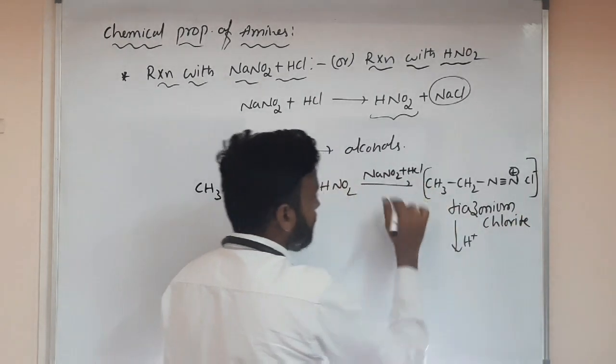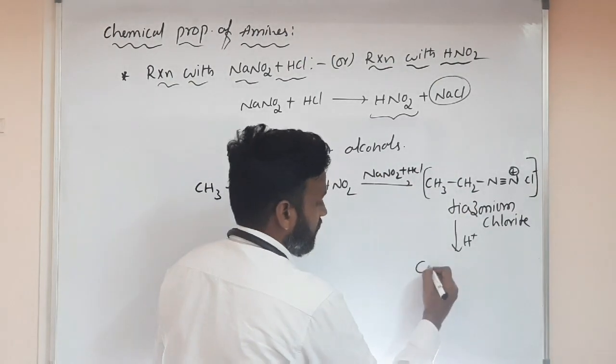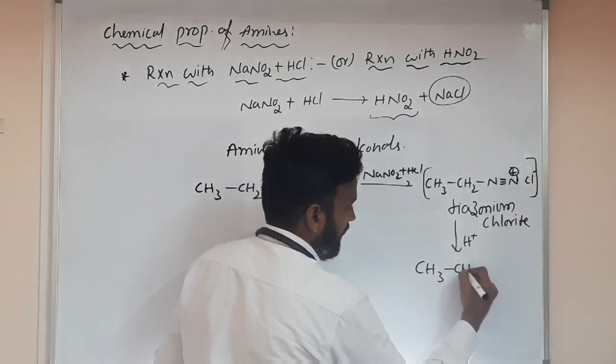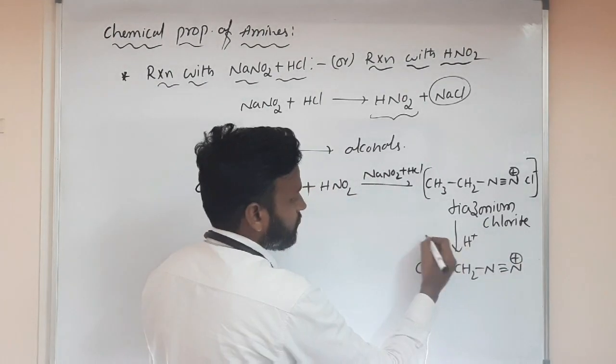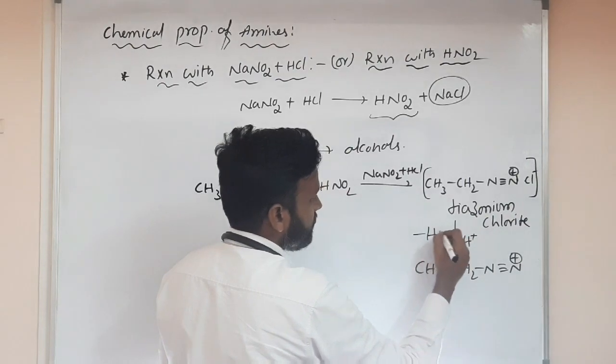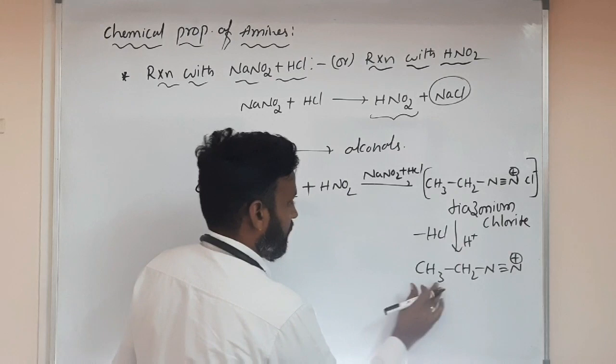When you are using HCl, H plus is there. This H plus will take this Cl minus. Now CH3CH2 with N triple bond N plus: H plus you added, so HCl will be removed. This H plus combines with Cl minus.